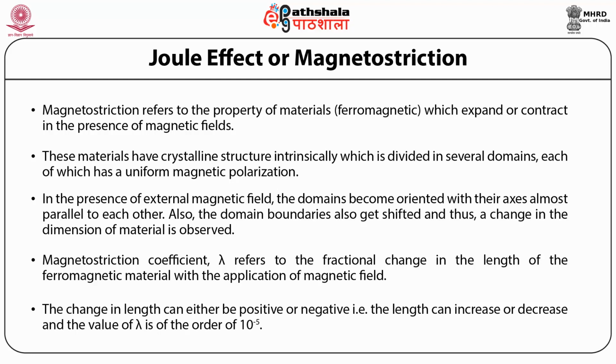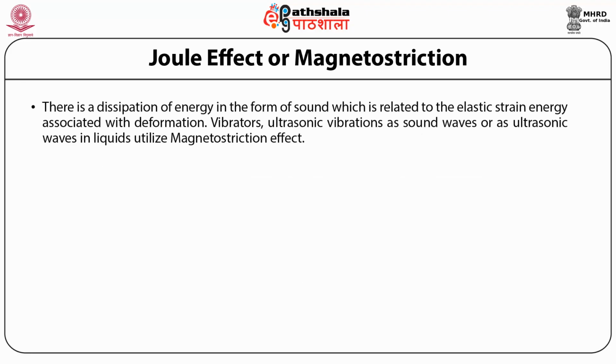The magnetostriction coefficient lambda refers to the fractional change in the length of the ferromagnetic material with the application of a magnetic field. The change in length can either be positive or negative. That is, the length can increase or decrease, and the value of lambda is of the order of 10 raised to minus 5. There is a dissipation of energy in the form of sound which is related to the elastic strain energy associated with deformation.